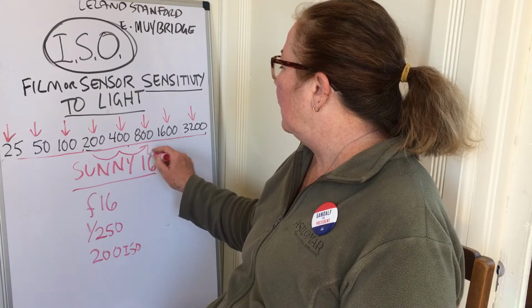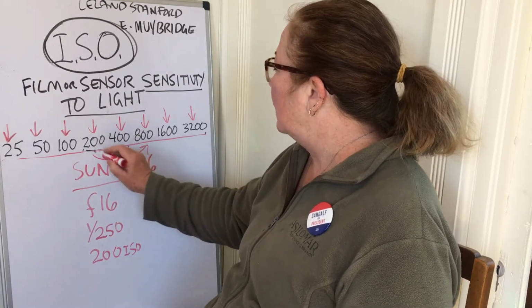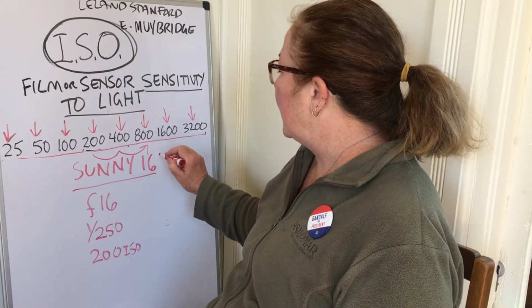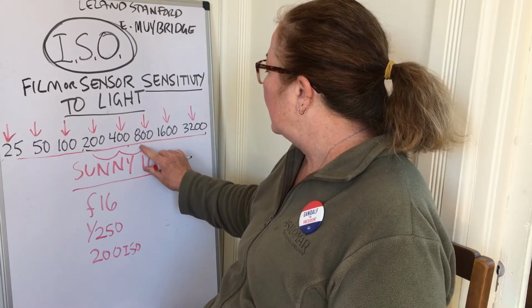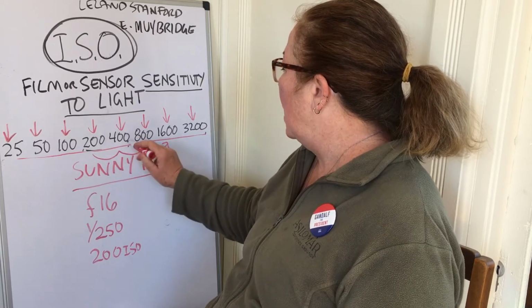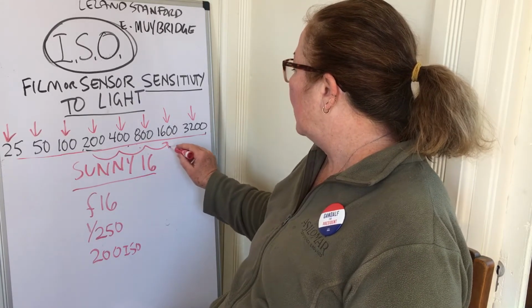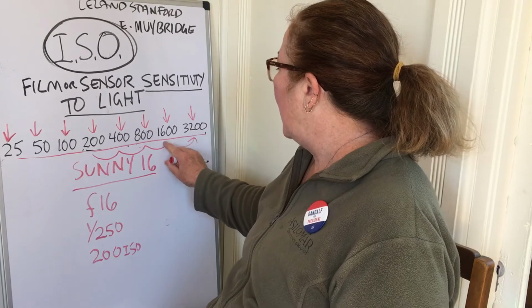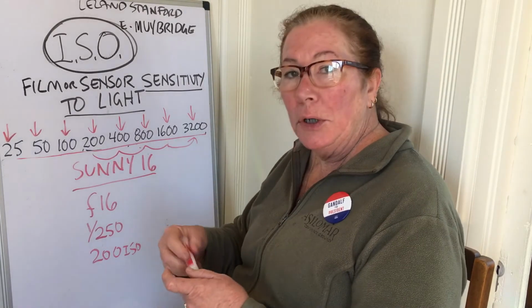So you can add extra stops for that kind of candlelight by changing your ISO. You could get 1, 2, 3 extra stops, or even 4 extra stops out of that. And that's called pushing your film.